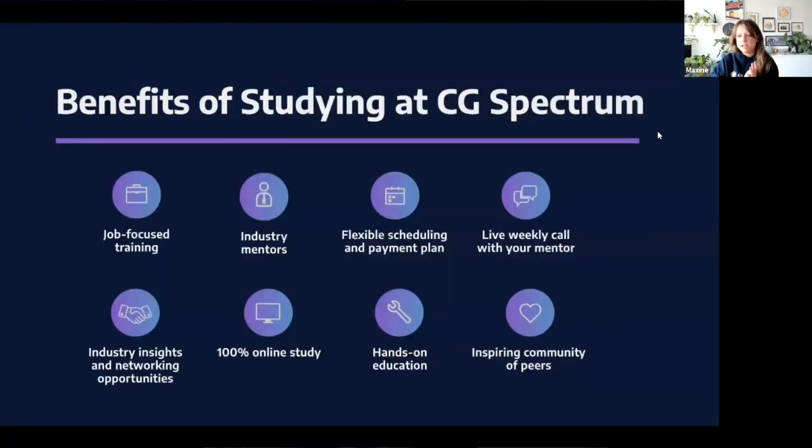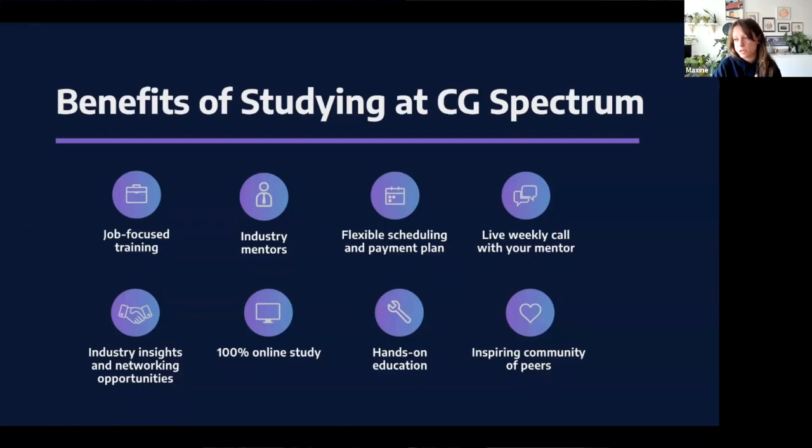And some of the benefits of studying at CG Spectrum, I love talking about this. We offer job-focused training. So you're learning from industry mentors who work in the industry now. Tyler and Eric are both busy people, and I'm sure they have personal projects and paid projects to get to after this, on top of all of their students. We also have flexible scheduling and payment plans. So for all of you who are parents and you're trying to get your career going, or maybe you do have a full-time job because you need to eat, you need to pay your bills, we have flexible scheduling options for you to learn on your time, and we have payment plans available as well.